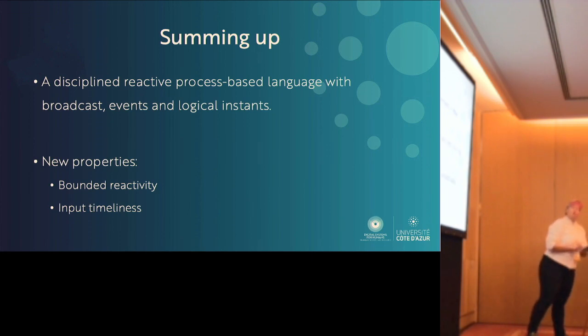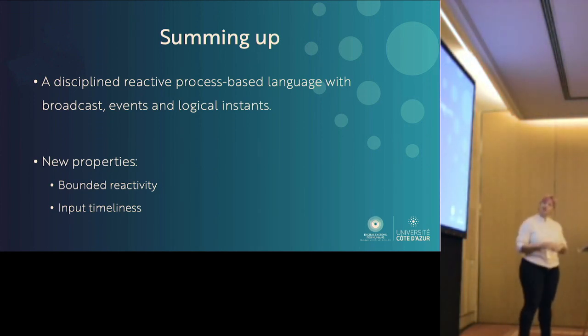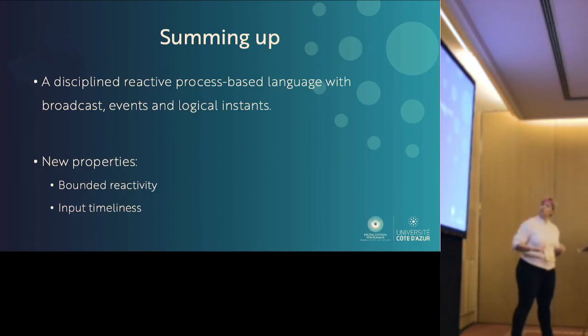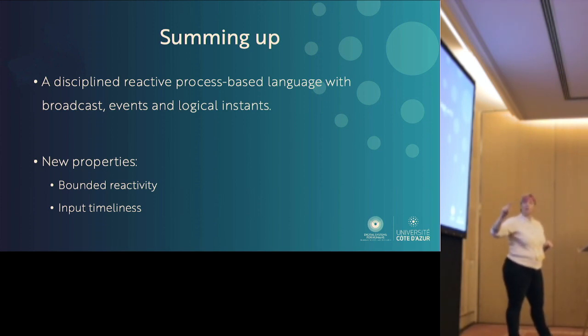So summing up, we have this reactive marriage with session types, and the interesting part is that we have these two new properties: the bounded reactivity, that is a semantic property, and the input timeliness, that is a typing property.